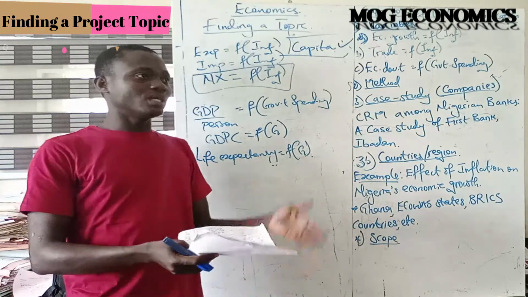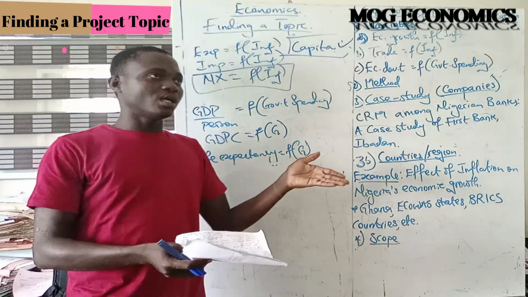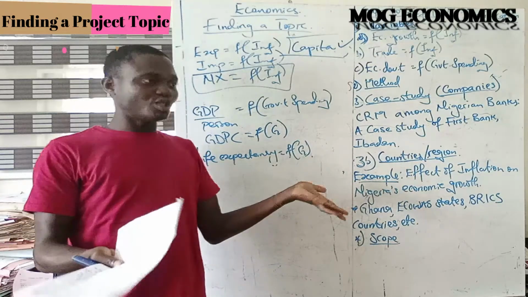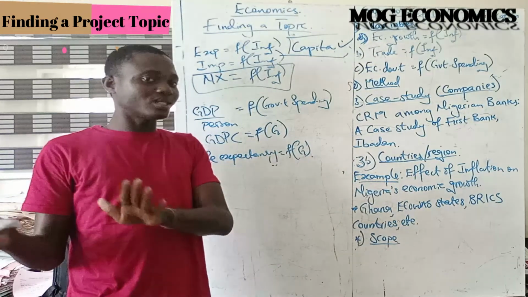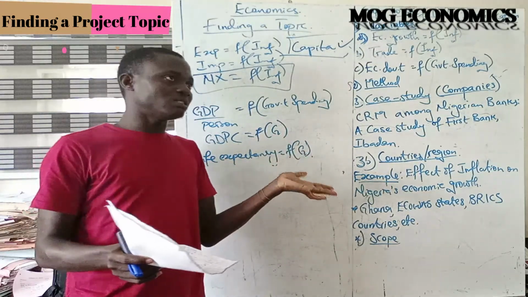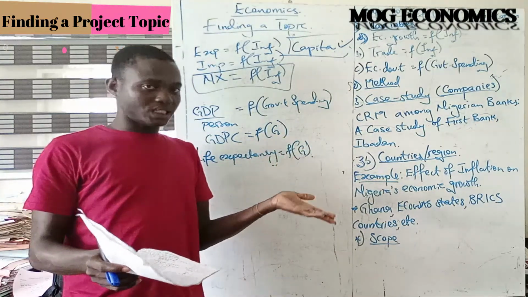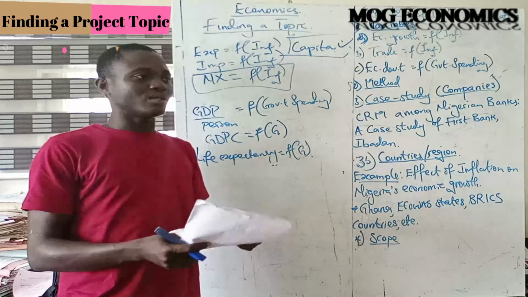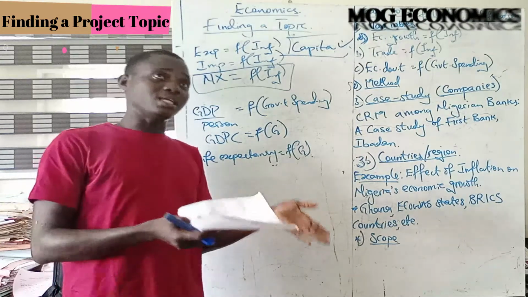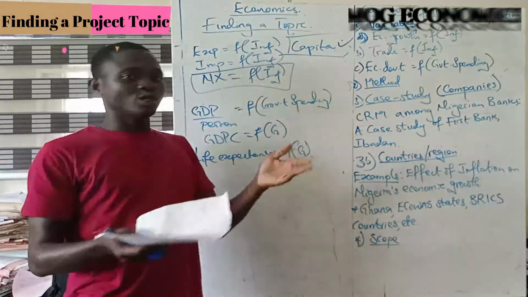So let's say people did 1980 to 2015; now you can see mine is going to be from 1980 to 2021.